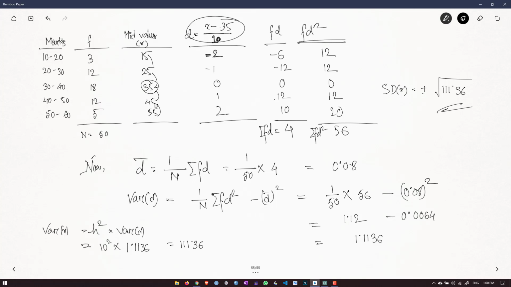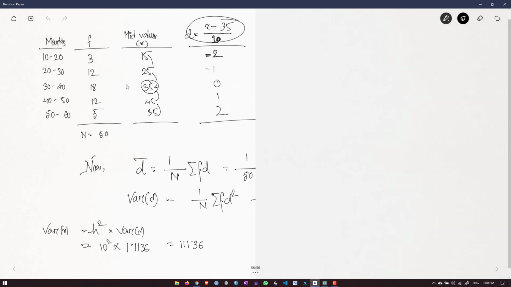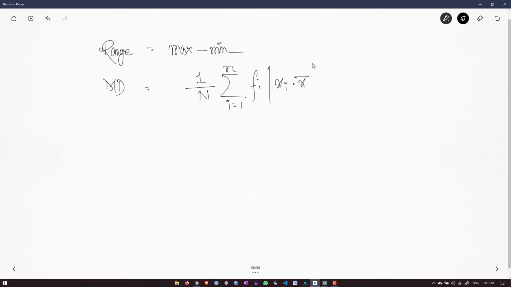Now with this we close the chapter measures of dispersion, under which we have studied three formulas. One is called range, which is nothing but maximum minus minimum. Then we have calculated mean deviation. Mean deviation is 1 by capital N summation i goes from 1 to n, fi modulus of xi minus x bar.